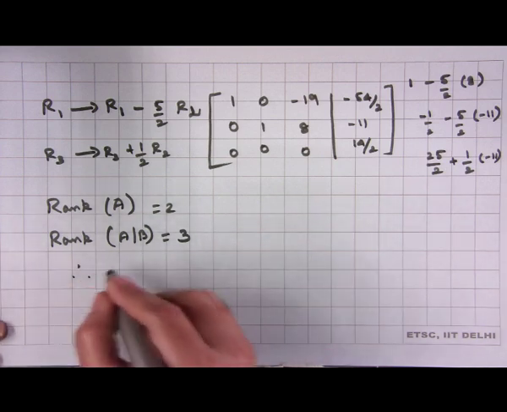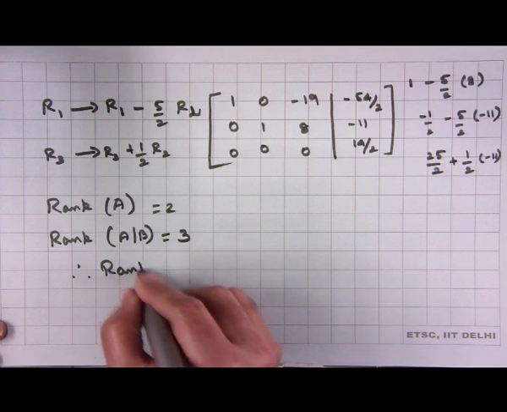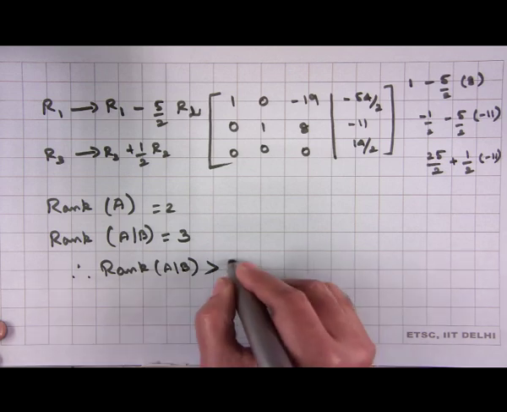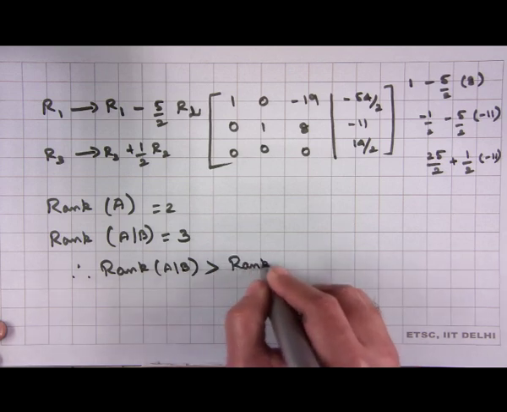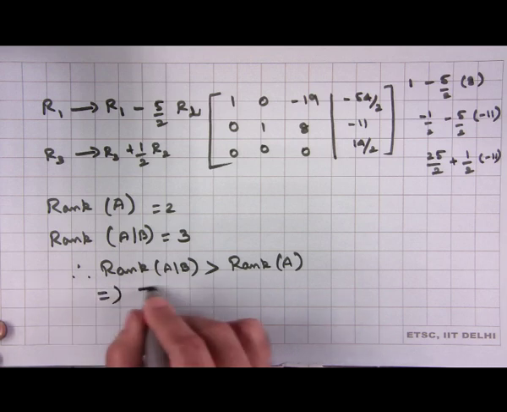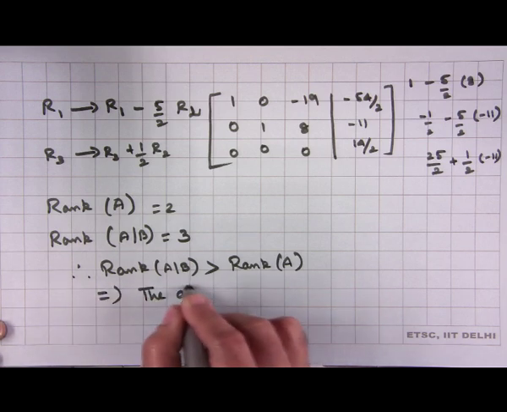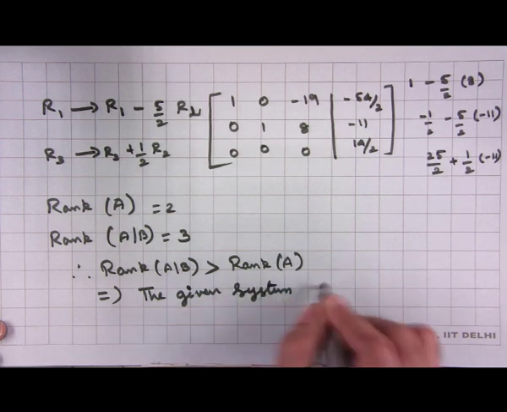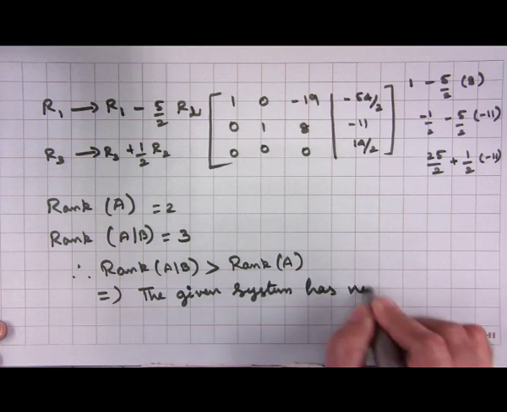Therefore, the rank of the augmented matrix is strictly greater than the rank of the coefficient matrix. That will imply that the given system has no solution.